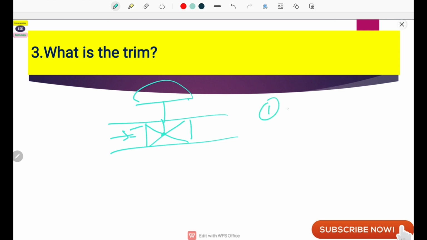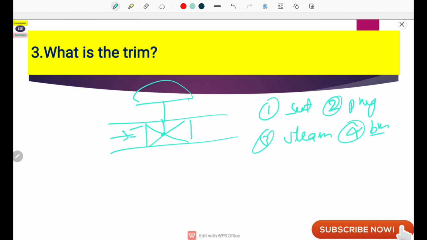One part which is directly in contact is the seat, second part is the plug, third part is the stem, and bush, etc. So generally these are the parts which contact with the flow of the process, so these are the trim.